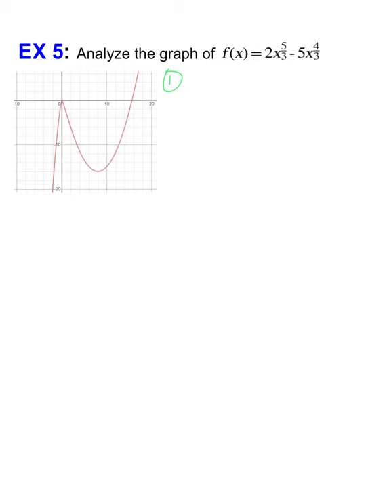So to factor out this original function, I'm going to take out the GCF of x to the 4/3. They don't have any coefficient in common. So then 2 divided by 1 is still a 2. And then x to the 5/3 divided by x to the 4/3. When dividing like bases, you subtract the exponents.